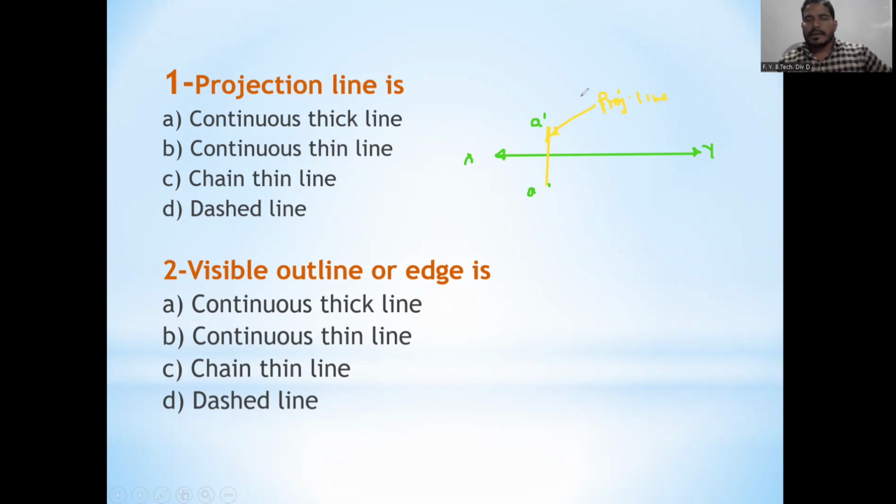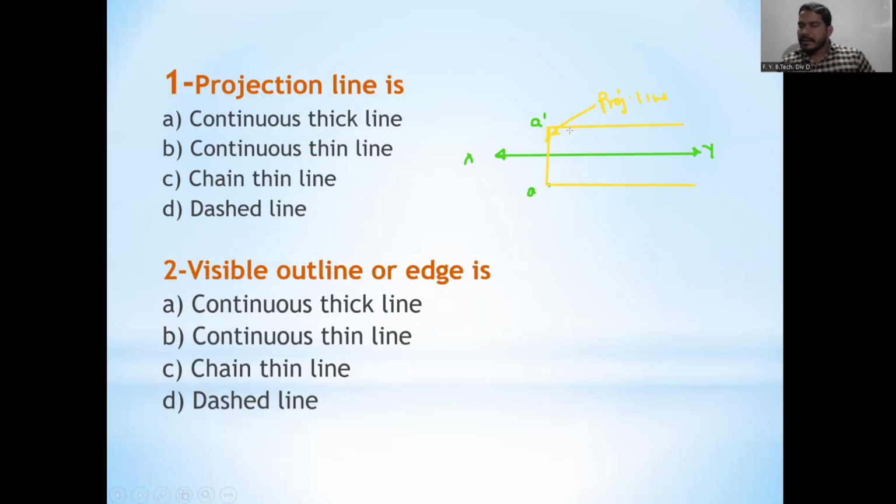Now suppose I want to draw the locus from this point A, it will be like this. Suppose I want to draw the locus from A dash, it will be like this. So all these locus lines or projectors are the projection lines.